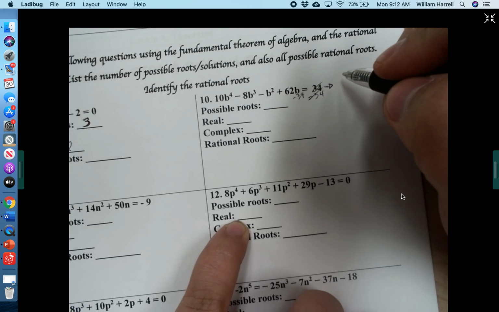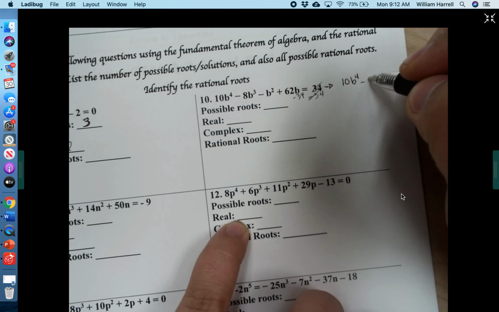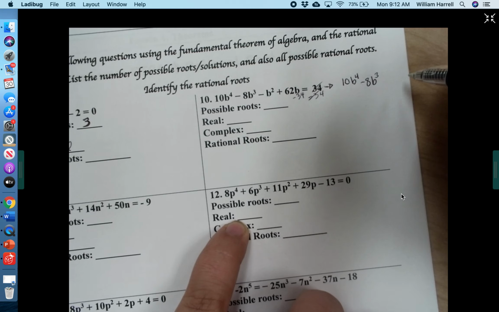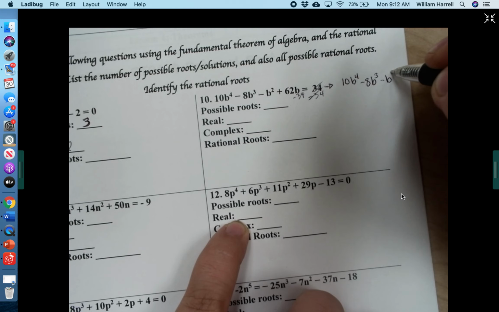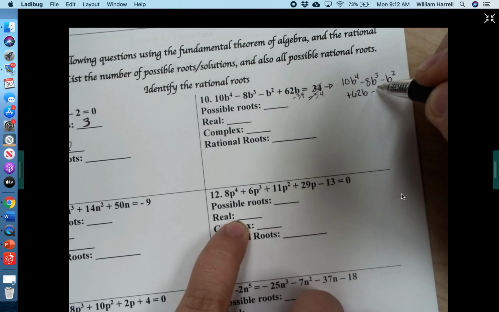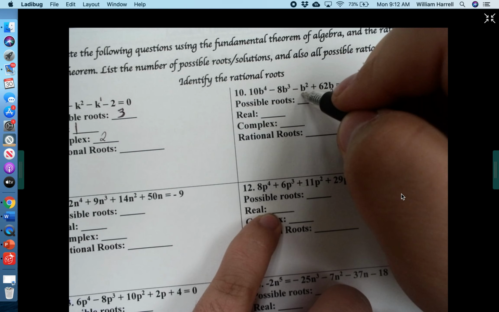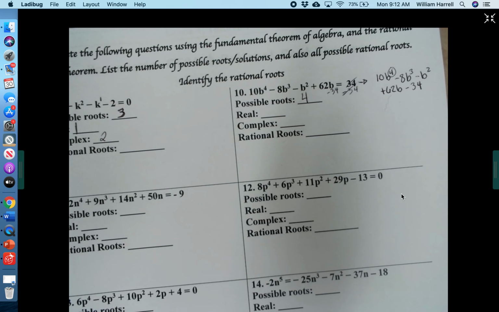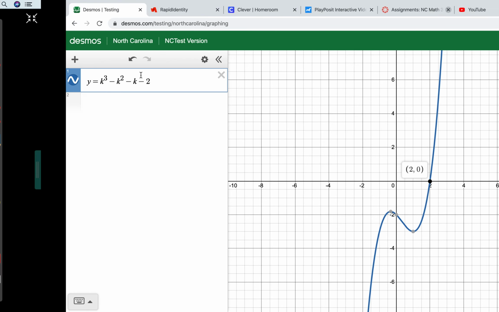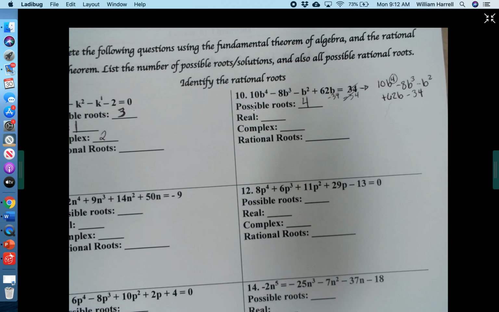When I do, I have 10b to the 4th power minus 8b to the 3rd power minus b squared plus 62b minus 34. Again, the biggest degree is 4. Now what I want you to do is tell me how many real roots and how many complex roots.